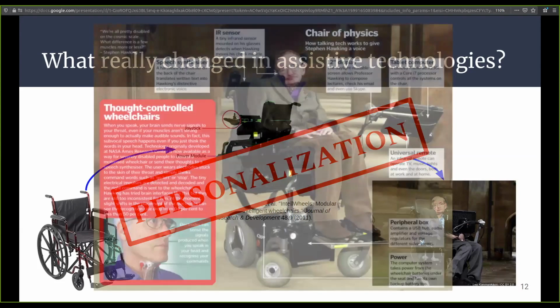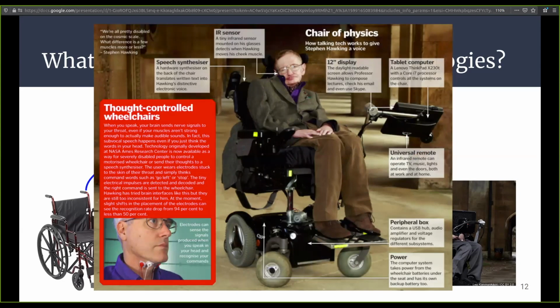Taking a closer look at Professor Hawking's wheelchair, we can see that it consists of a set of different highly customized designs that help this specific bright individual shine in what he loved to do. These components were specifically designed to offer the optimal user experience to this person. However, as I said, these are highly custom designs, and as you can imagine, they were highly expensive.